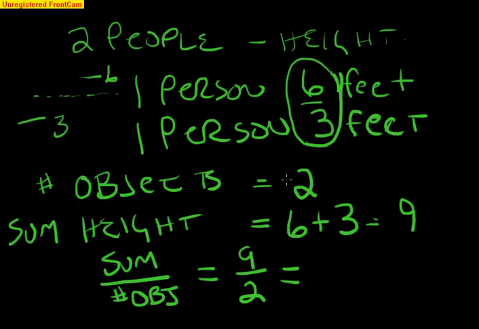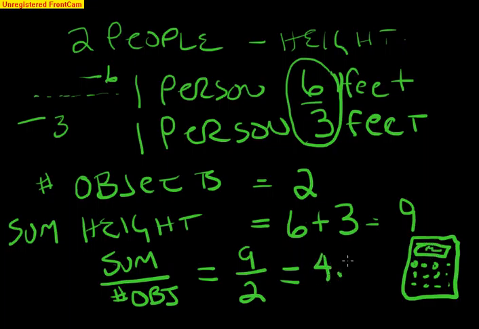So between 3 and 6, 9 divided by 2 on our calculator. We'll just draw our calculator over here. And we punch that into our calculator, and we get 4.5. Right? So in this case, the average height for this is 4.5 feet.